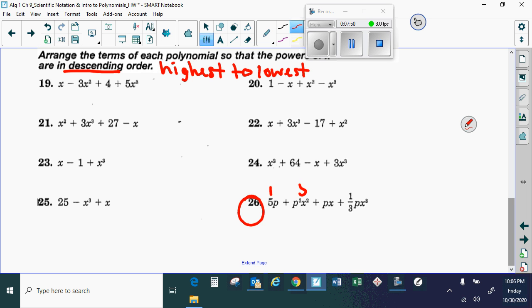That's degree 1, that's degree 5, that's degree 2, and that's degree 4. So we're going highest to lowest. So I have p cubed x squared plus 1/3 px cubed plus px plus 5p. And there's my answer, highest to lowest. All right, now that ends at 8 minutes, basically.